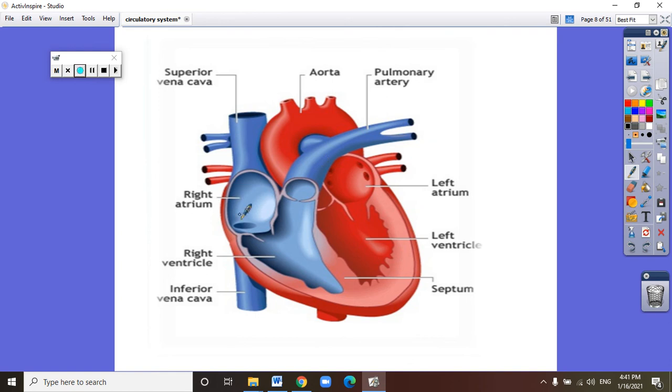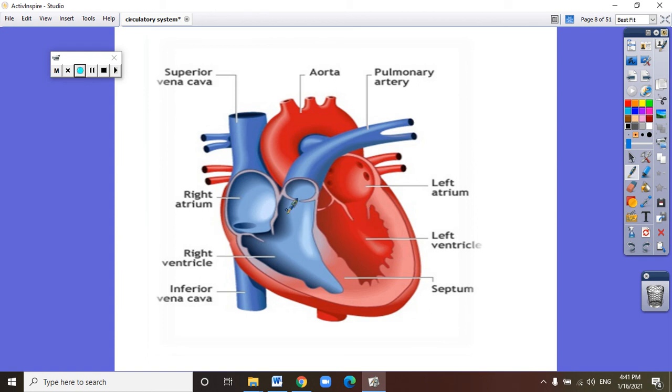Okay, the heart consists of, as you can see, eyes on the picture, two sides. This blue one is a side, and this red one is a side. This blue one is the right side of the heart, but the red one is the left side of the heart.